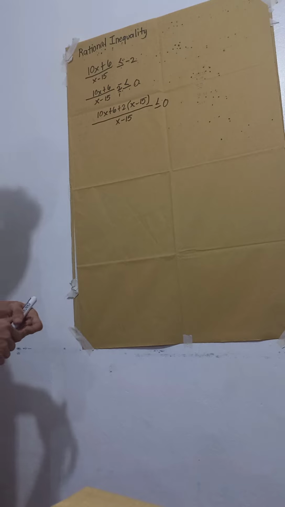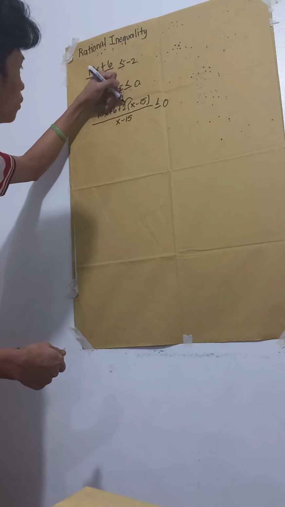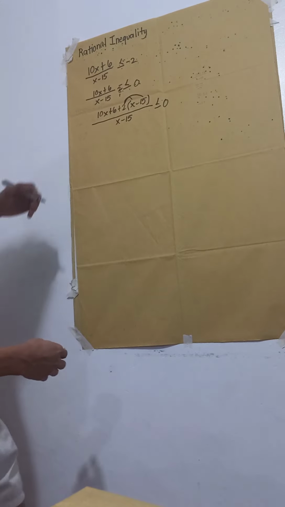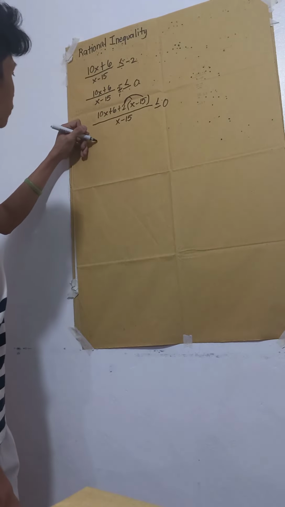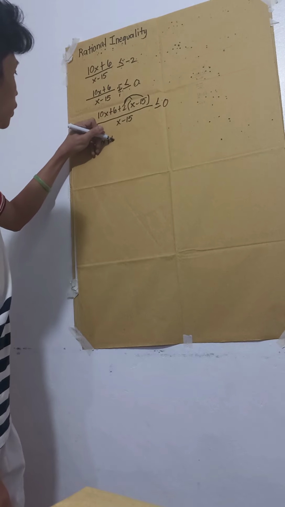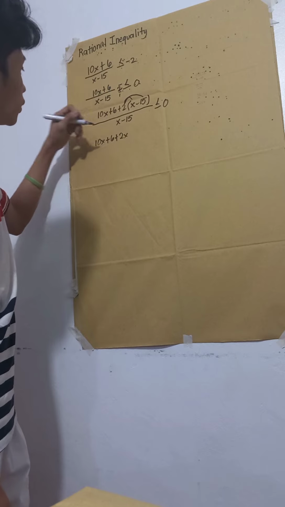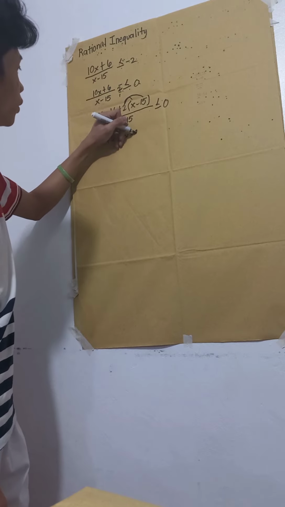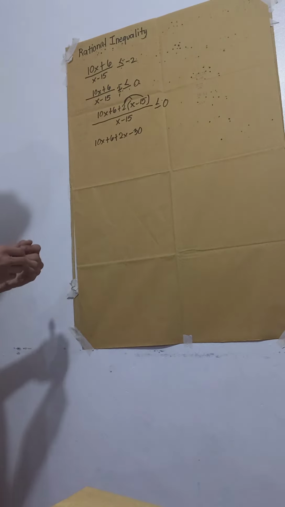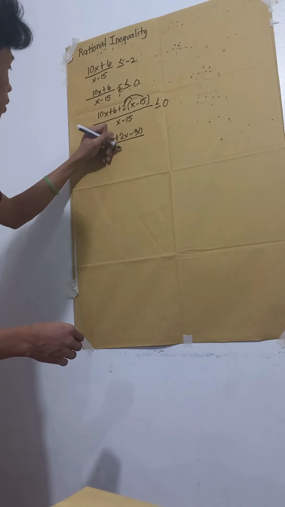Next, we're going to simplify. This side multiplied and multiplied, that would be 10x plus 6 plus 2x minus 30 over x minus 15.